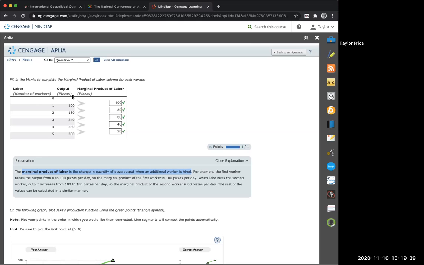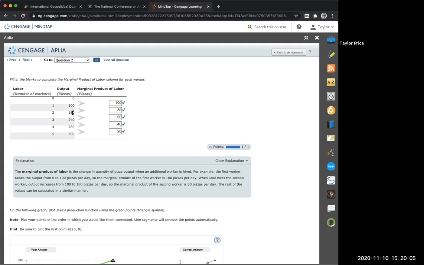So in this instance, it's just going to be 100 over 1, or 100. And in the next case, moving from 100 to 180, it's just going to be 180 minus 100 over 2 minus 1, which in this case is just 80 over 1.